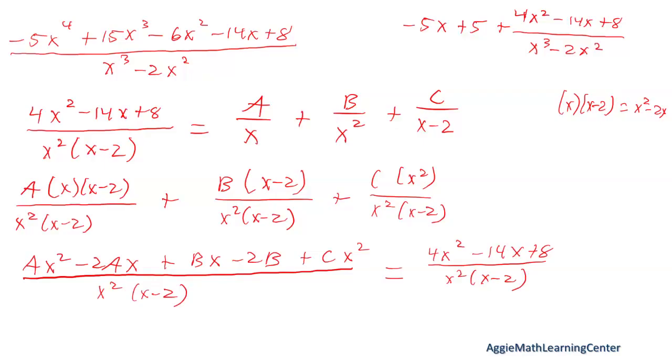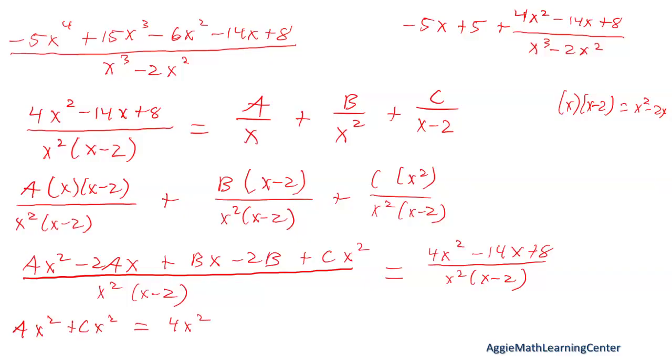So now we can group together like terms. Anything that has an x squared, you're going to group together. Anything that has an x, you'll group together. Anything that doesn't have any of those, you'll group together. And because the denominators here are equal, you can ignore them from this point on up until you plug them back into your original equation. And so you have an ax squared and a cx squared is going to have to equal 4x squared.